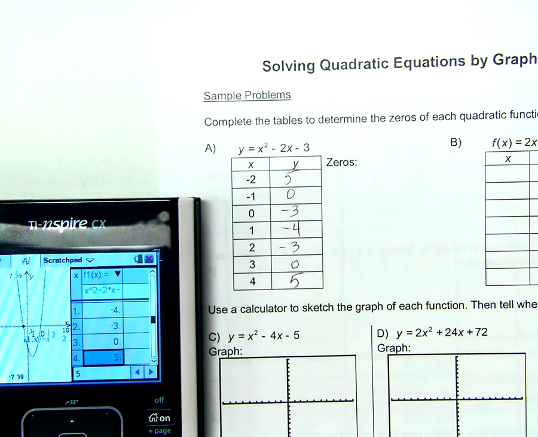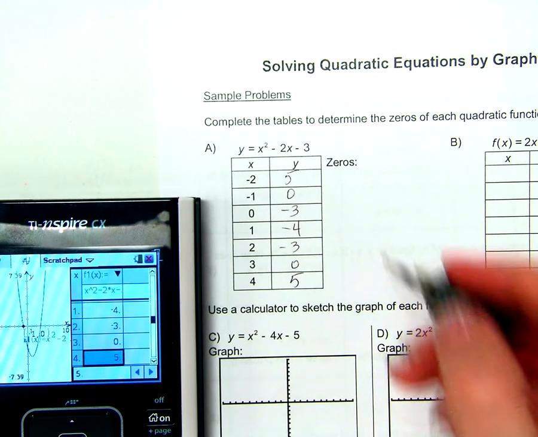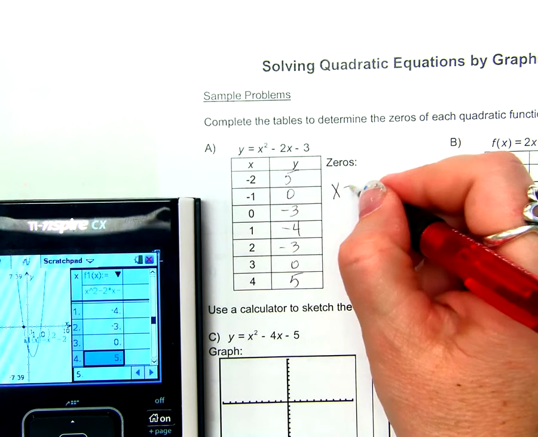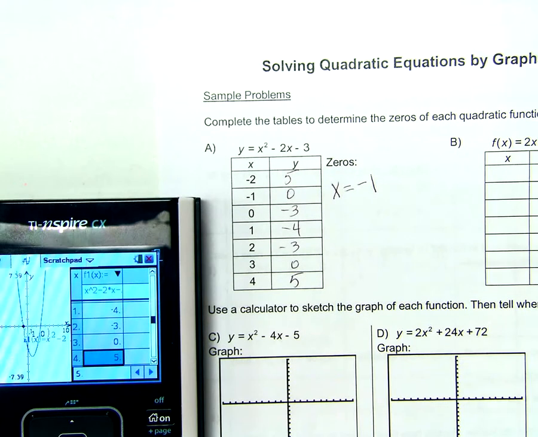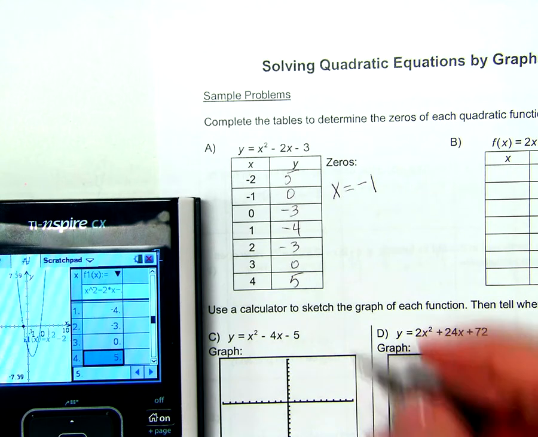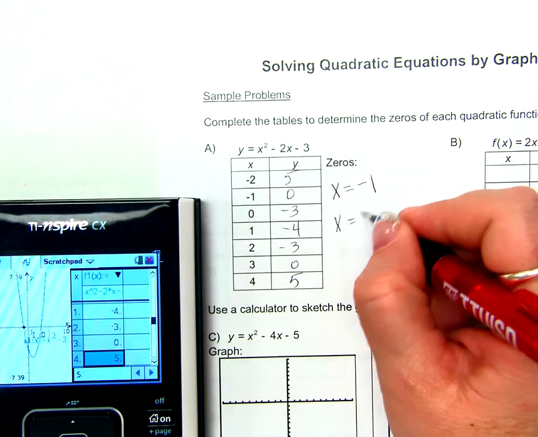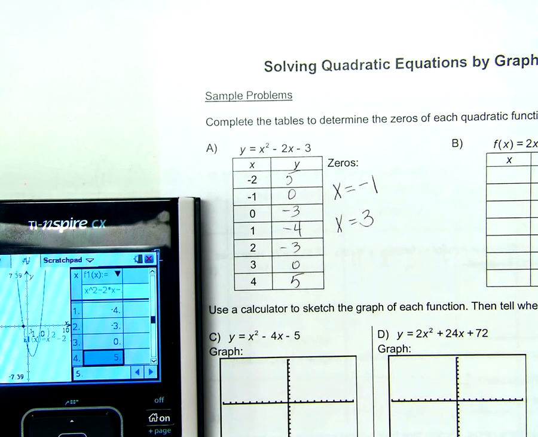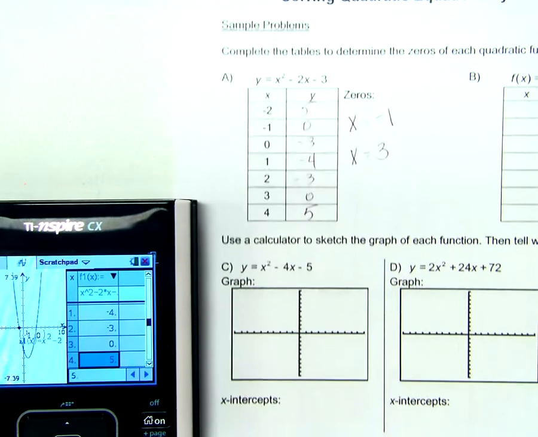What is a 0? X equals -1. Is there another 0? What is it? X equals 3. Okay? Any questions about how to do those?